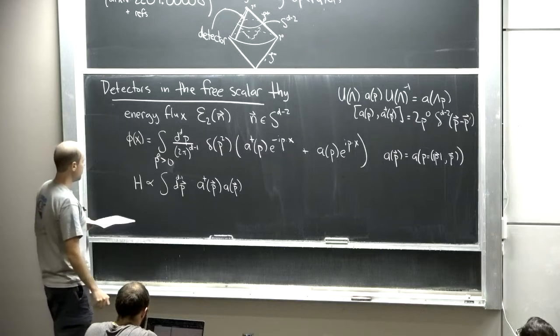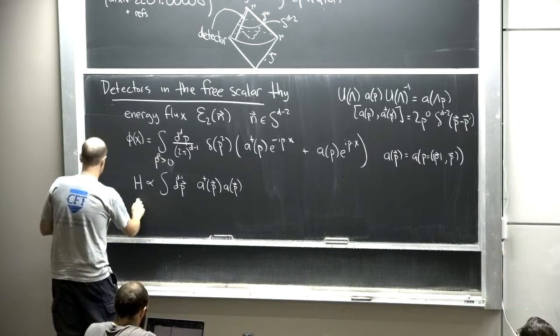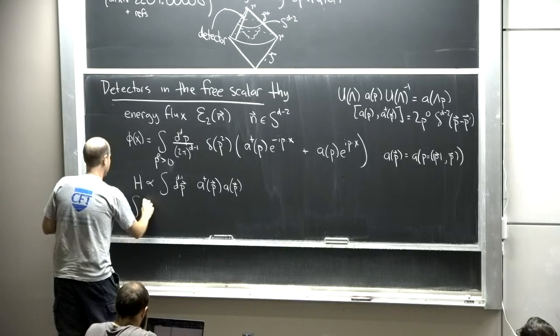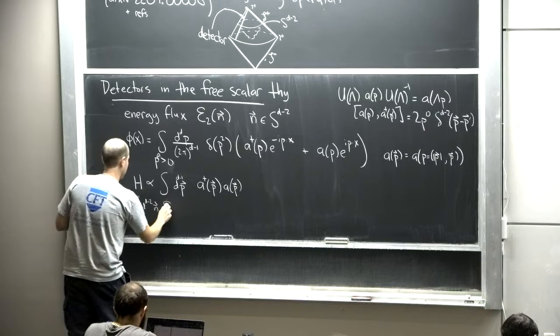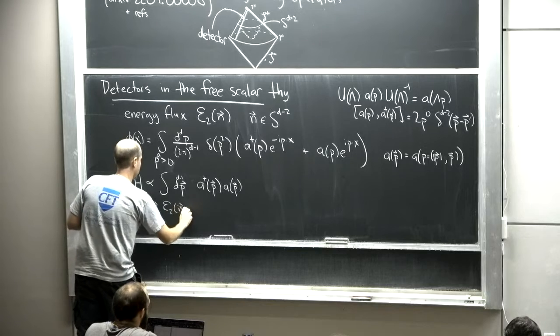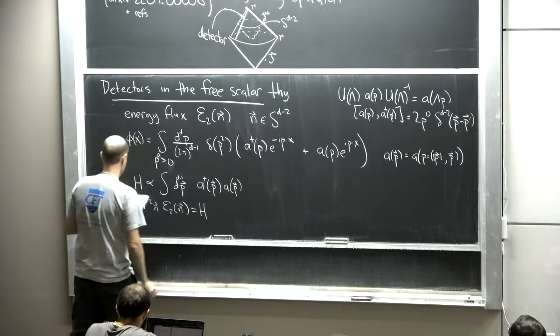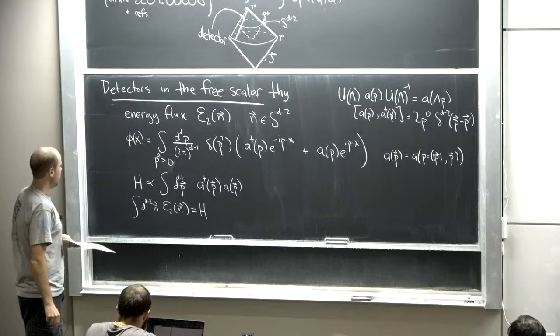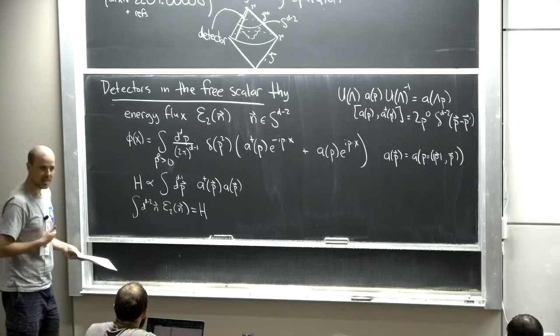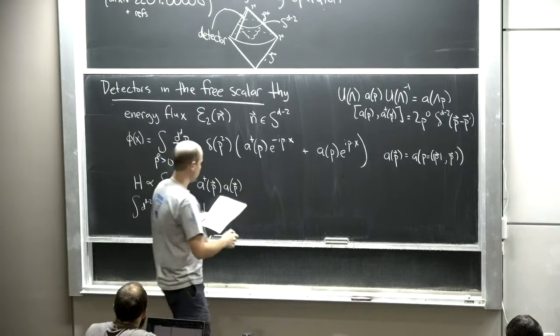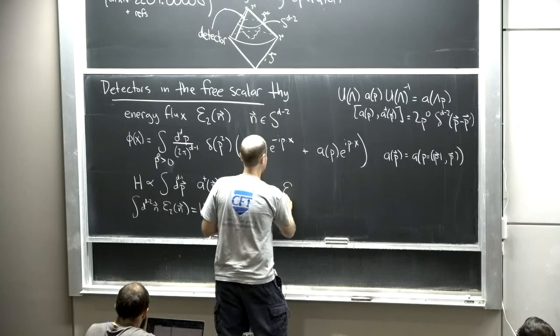So we want something that integrates to the Hamiltonian when we integrate over the celestial sphere. That should be H. And furthermore, this should only depend on creation and annihilation operators associated with momenta in the n direction.